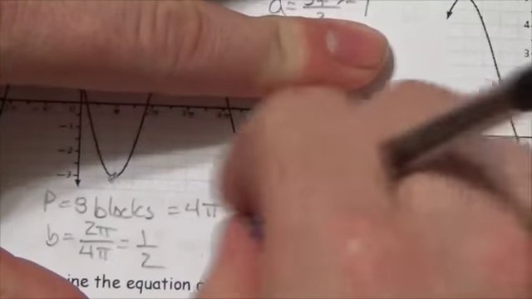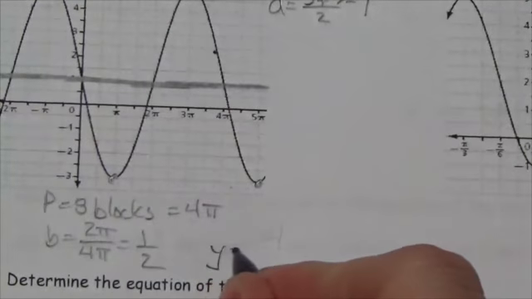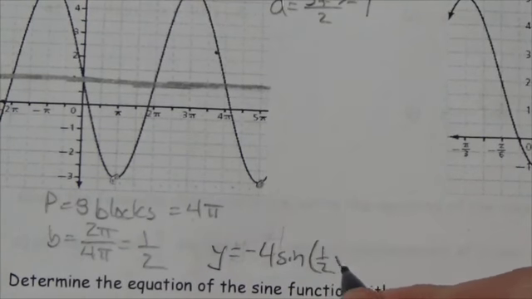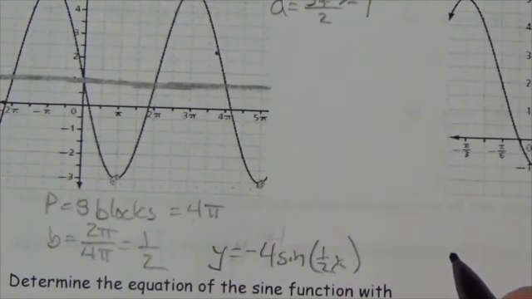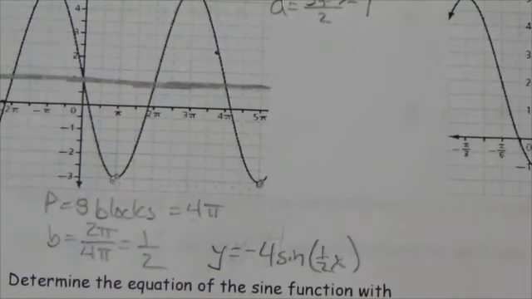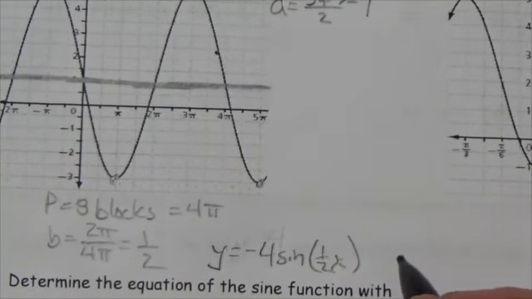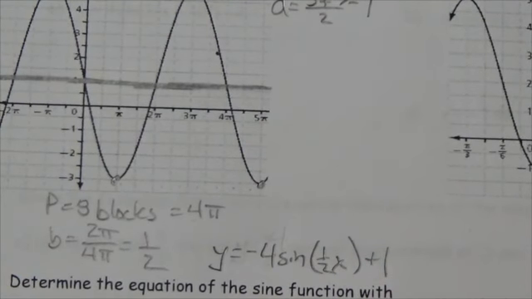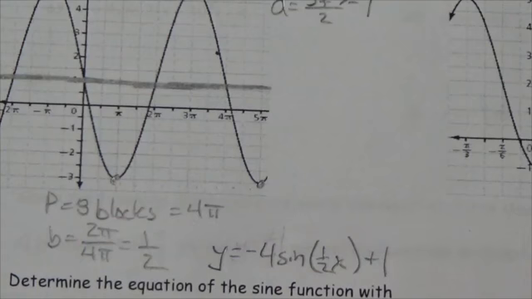My mistake, I forgot this is a negative sine. So y will equal negative 4 sine of the b value, 1/2 x. There has been no translation. I would expect a sine graph to start on the y-axis, and this one does. And then it's been moved 1 up, so plus 1. So there's the equation of this function in the form that they're looking for.